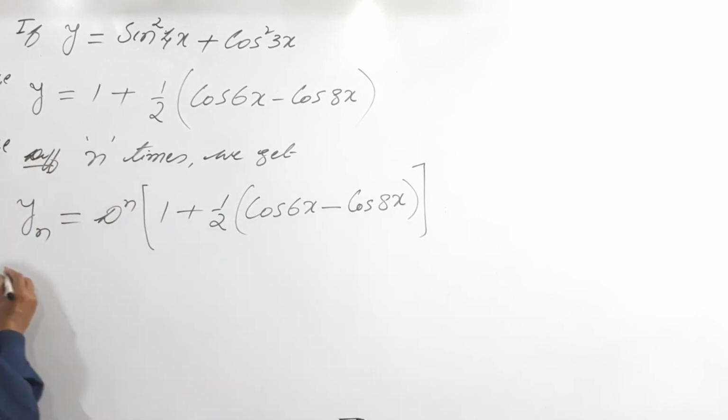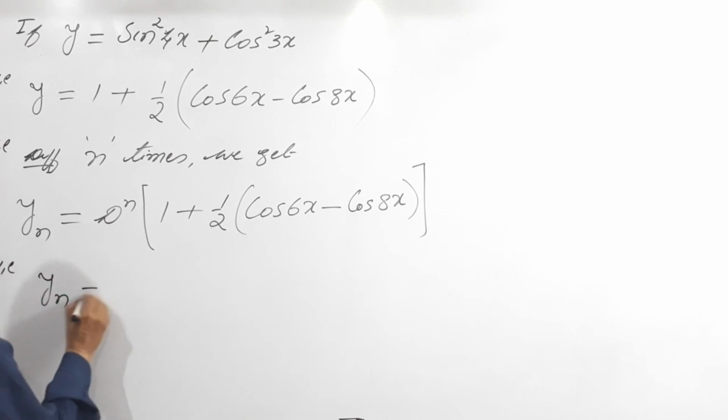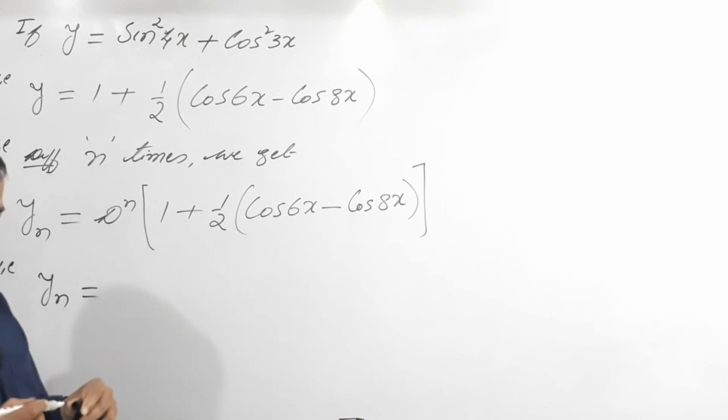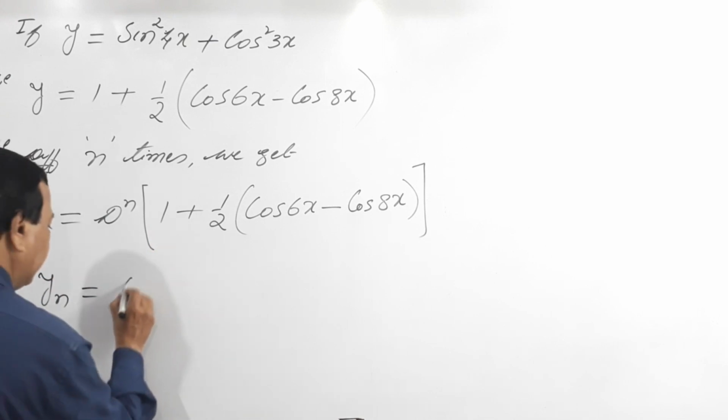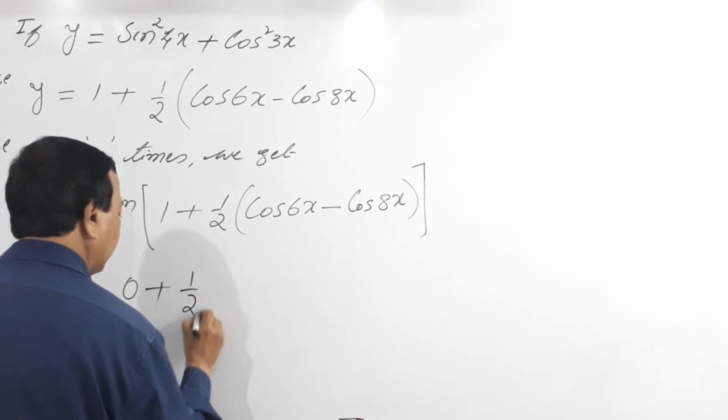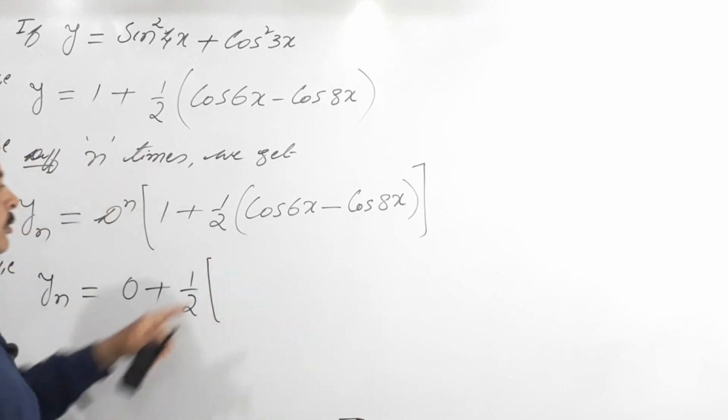So now yn will be, if we differentiate 1, what happens? Differentiation of a constant is 0, so that becomes 0 plus half I will take outside itself. So what happens?